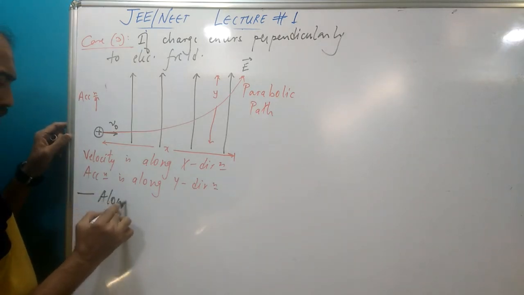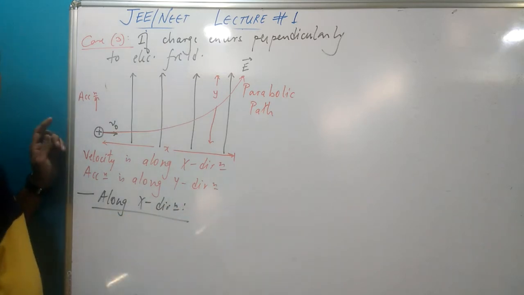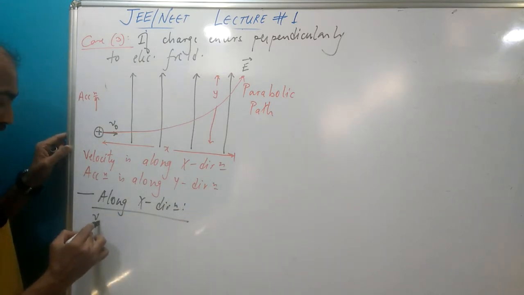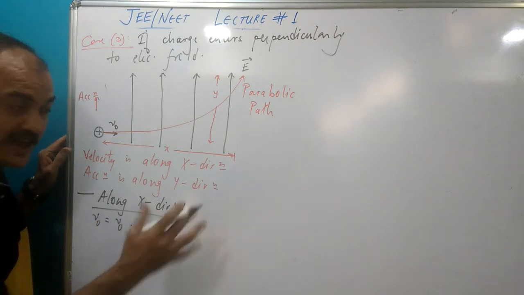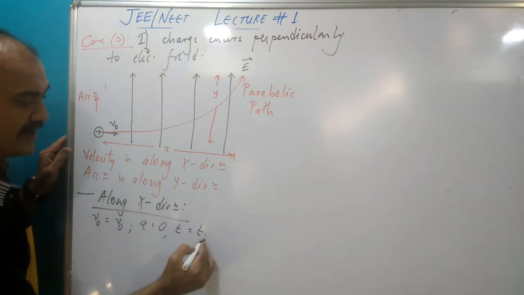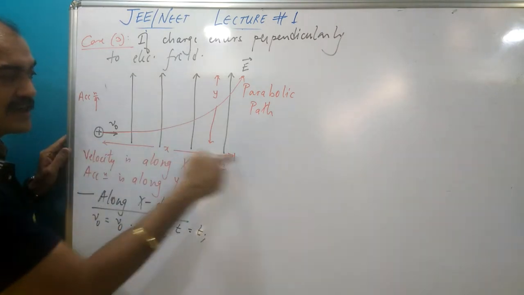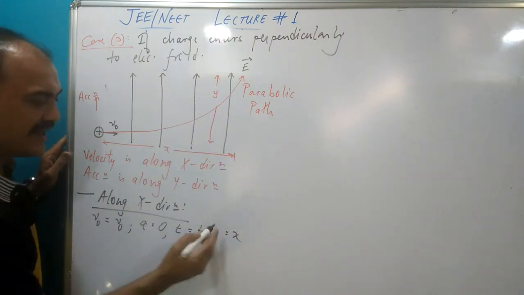First, along the x direction, what is the initial speed? It is v0, sir. Is there any acceleration along the x direction? No acceleration. Time is how much? T. And how much distance has it covered along x? It is x. So let's call it d.